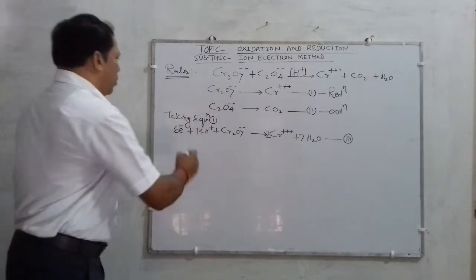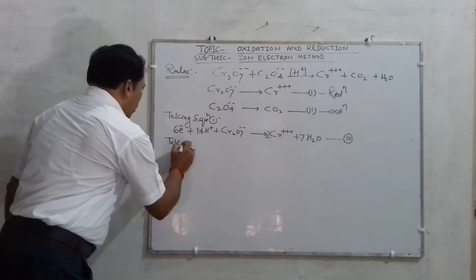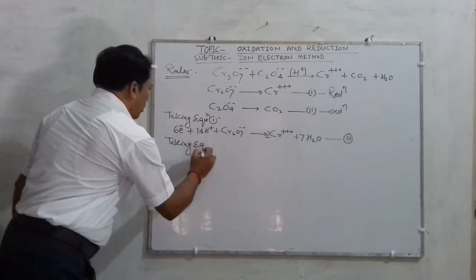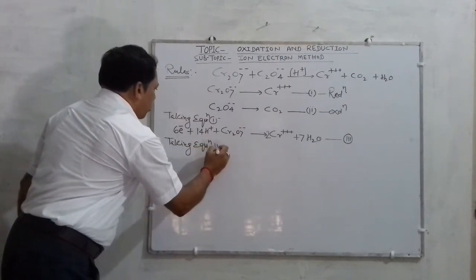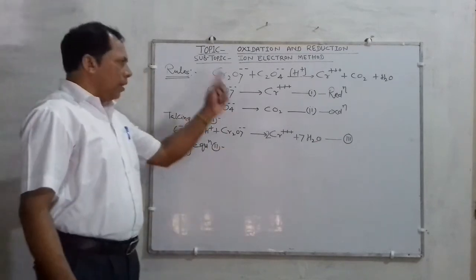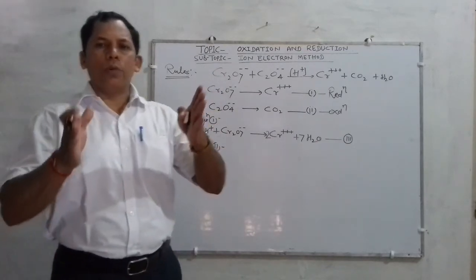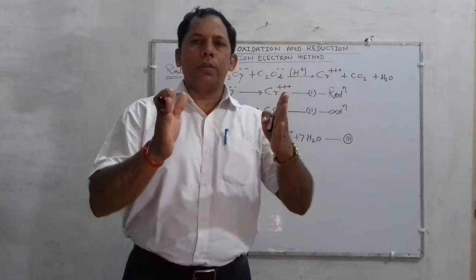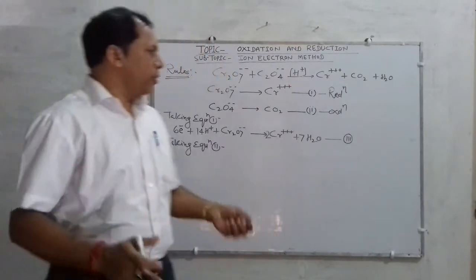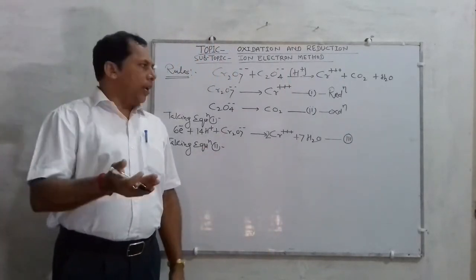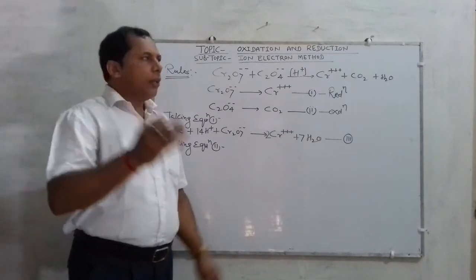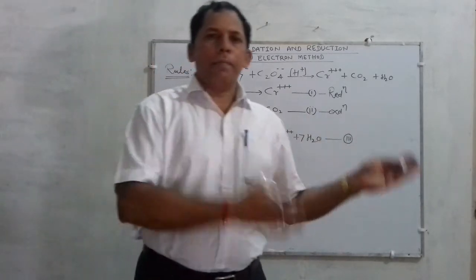Now taking equation 2. Children, they are very simple. Just go on the basics, go on the rules. Then you will be in a position to balance any chemical reaction. You can say this is one kind of mathematics.